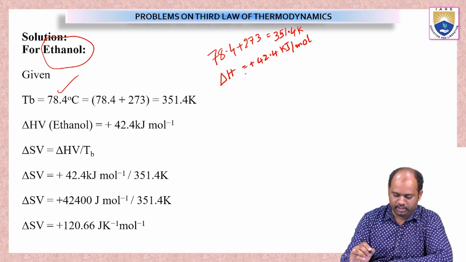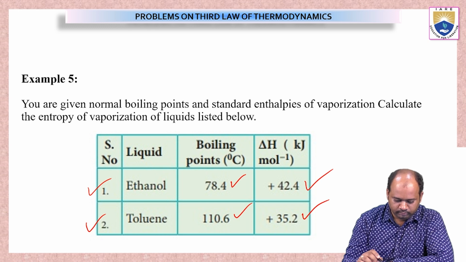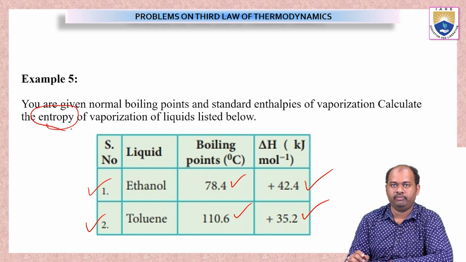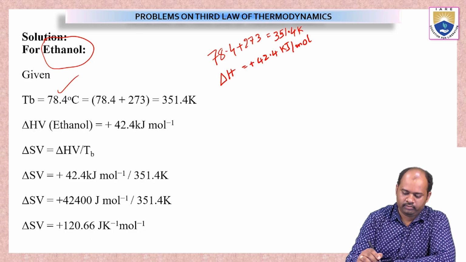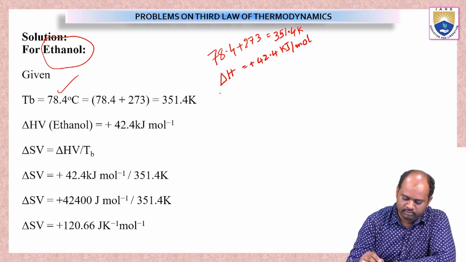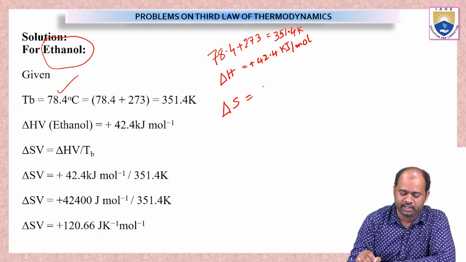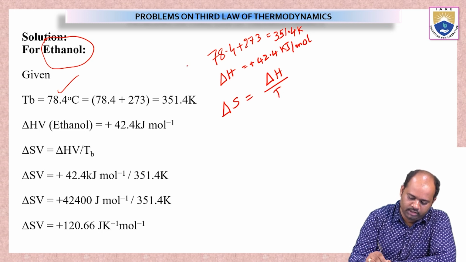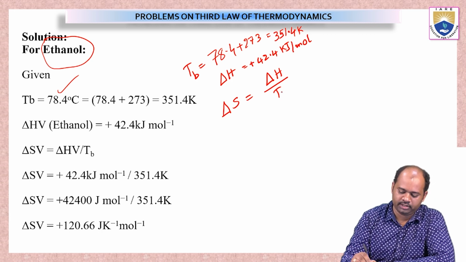Now what we have to calculate? We have to calculate the entropy of vaporization. For this, we will use the formula: change in entropy, delta S, is equal to delta H divided by temperature, that is the boiling point temperature.